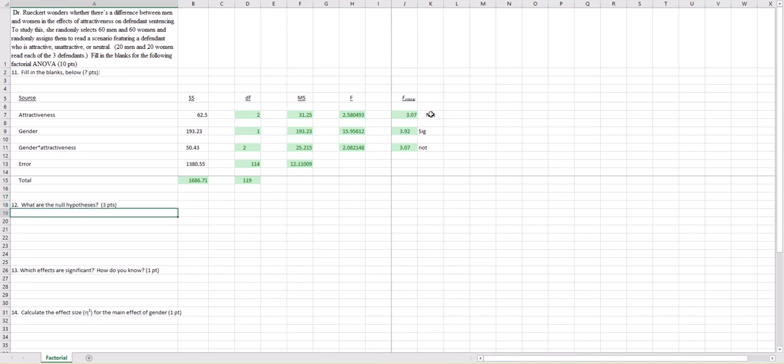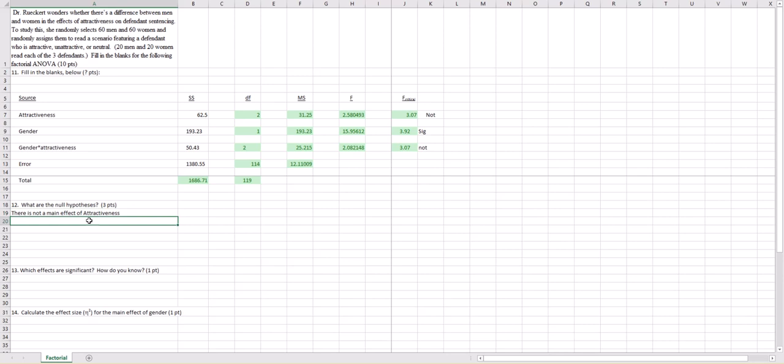The null hypothesis: there is not a main effect of attractiveness.